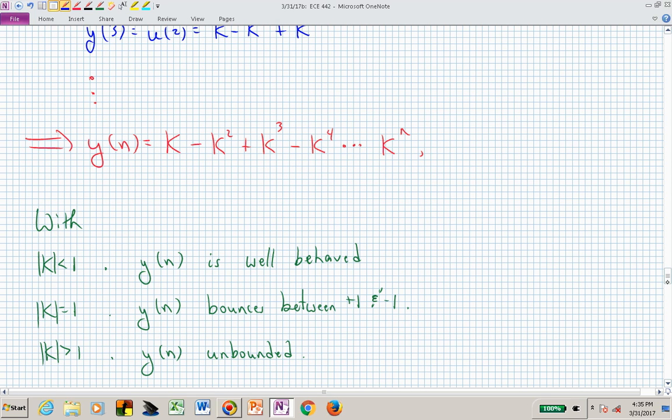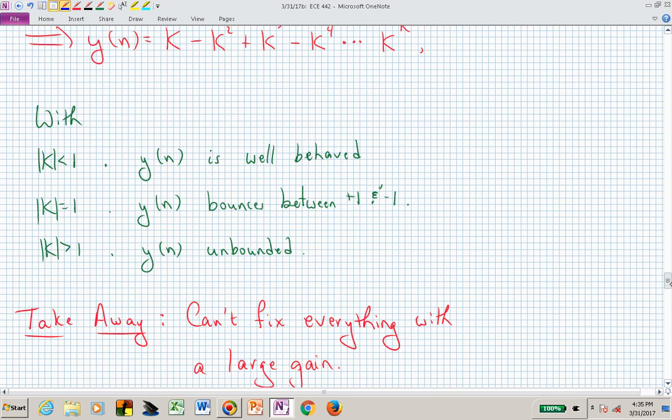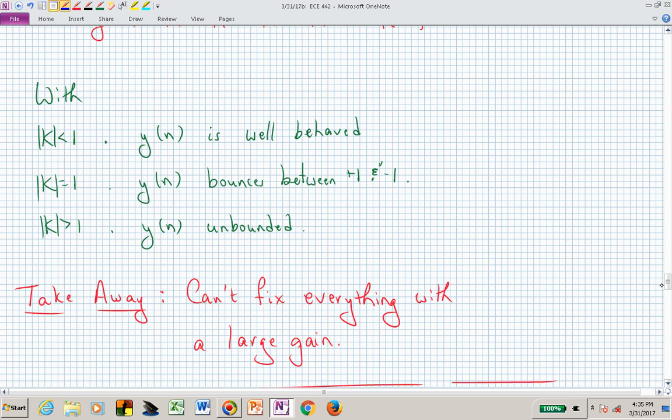So what can we conclude? Well, what I'm hoping that you see is that we can't just fix everything by putting in a controller with a large gain. Here we had a system with some dynamics, and that system with dynamics actually caused this behavior to be unacceptable if we just arbitrarily selected our controller to be a large gain k.